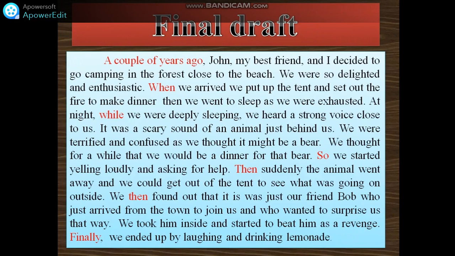Of course, you can rewrite the paragraph using different sentences with different meaning. Very good. So pay attention to the capital letters, and pay attention to the indentation, starting the paragraph.